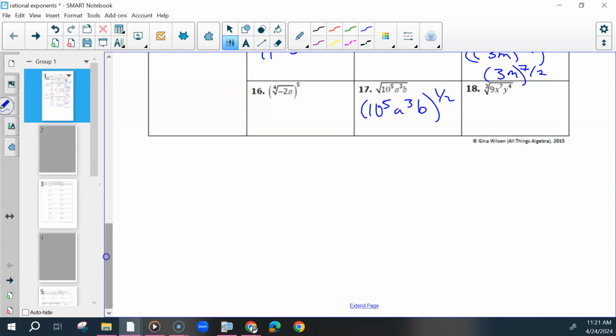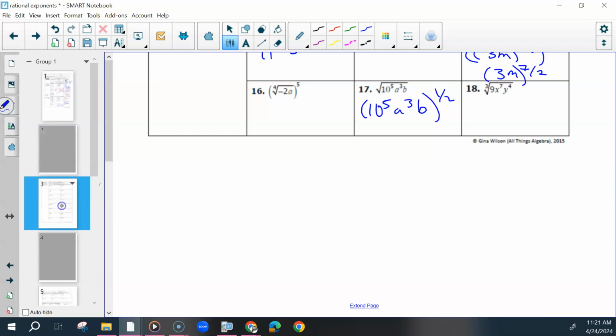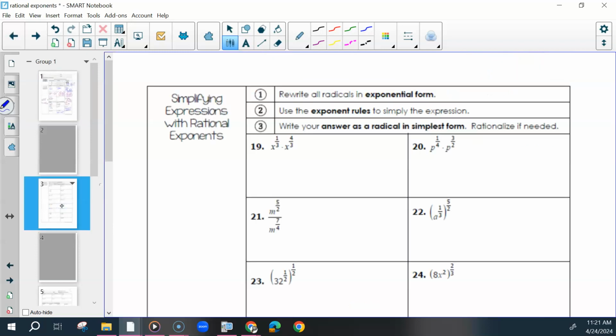We're going to actually simplify on the next page. Do we have any questions on how to convert radical to exponential and vice versa? So with these, some of them are already going to be in exponential form.